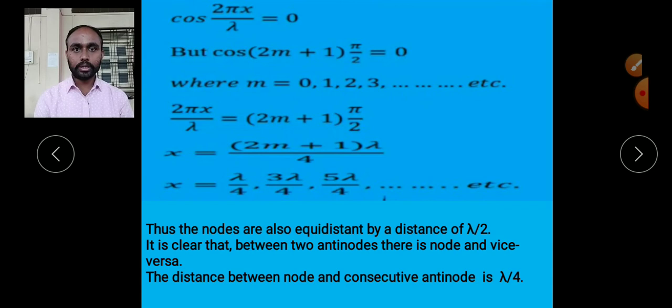Once we have taken sin maximum, cos minimum, and in the second case the reverse, cos maximum and sin minimum. So these are the two different changes with respect to position, and from that we concluded where the node is situated, where the antinode is situated, what is the difference between them, and what is the distance between one node and the next successive antinode.